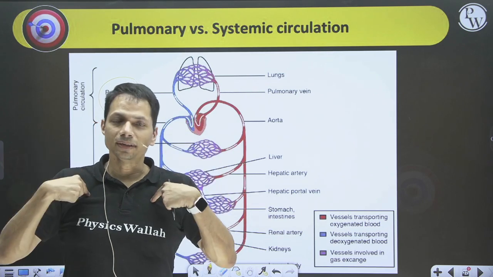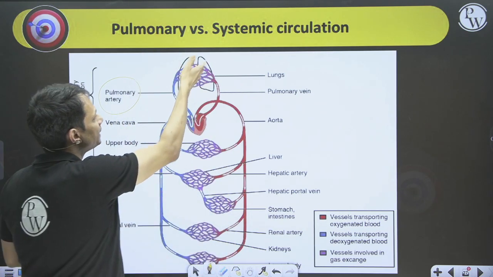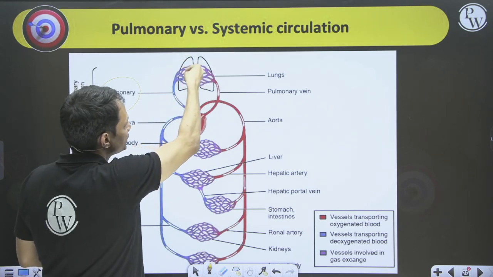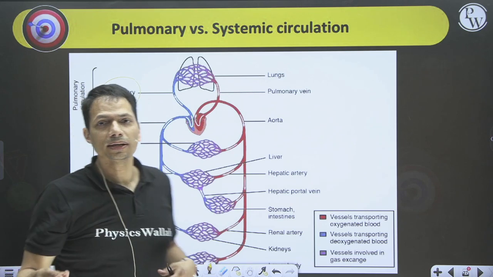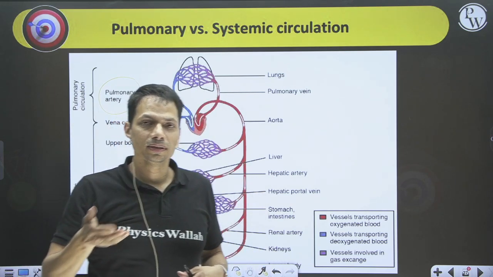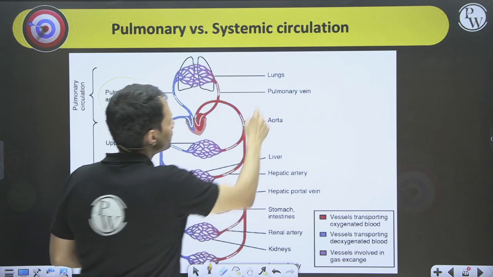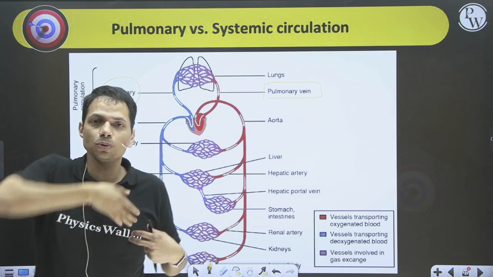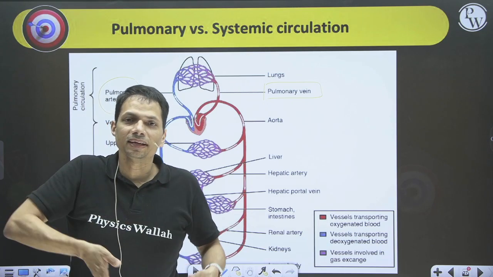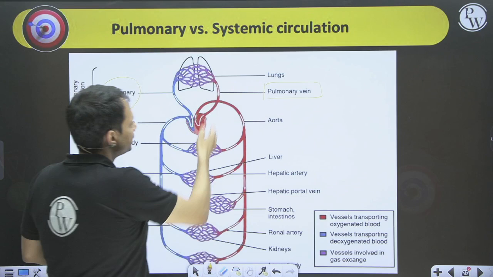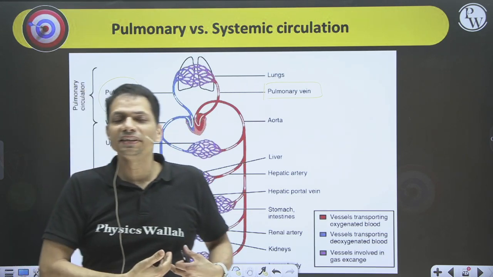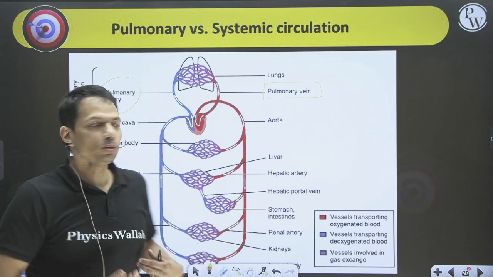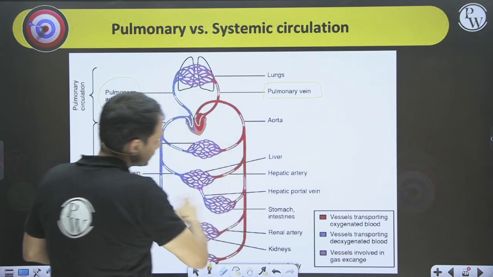We are inhaling the oxygen-rich air, and you see in the alveoli, the capillaries, and then the oxygenated blood is coming back to the heart, to the left atria via the pulmonary vein, right? And then from the left atria, it is going into the left ventricle via the bicuspid or the mitral valve, right? And then from the left ventricle, because of the systole or the contraction, the blood is entering the aorta, and through the aorta, it is getting channelized to the rest of the body, right?